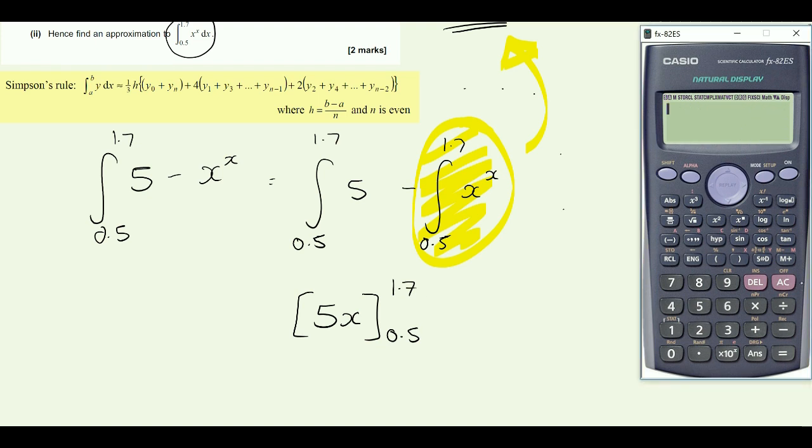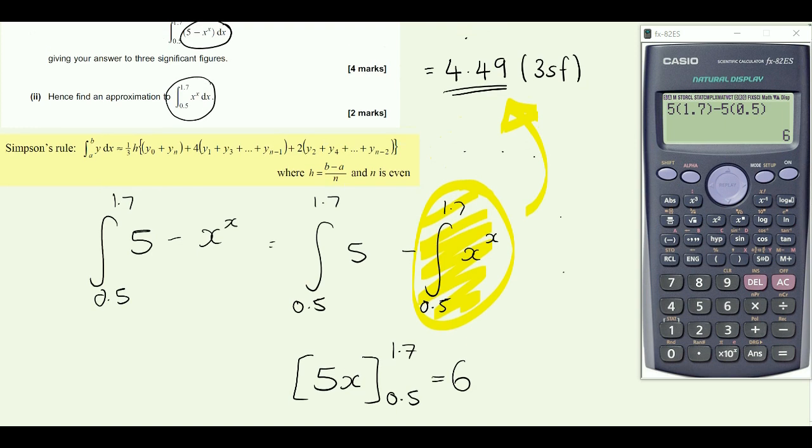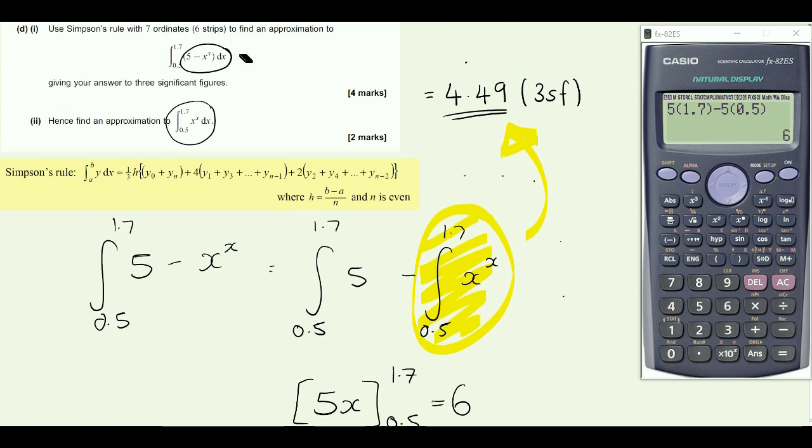So when we do that, we're going to do 5 lots of 1.7, subtract away 5 lots of 0.5. So we find that that comes to 6. So our estimation here is actually 6 more than the integration for x to the x.